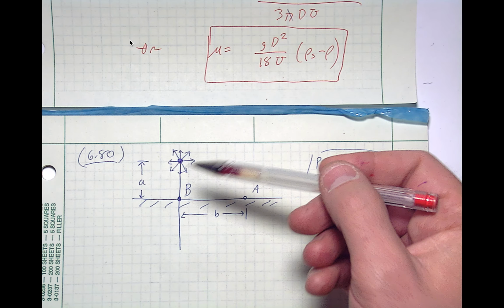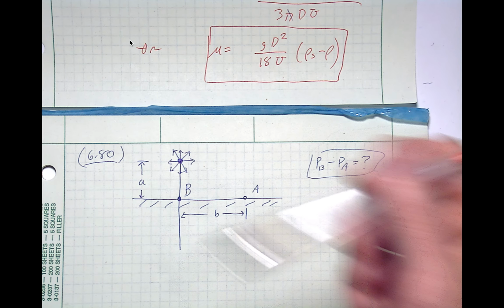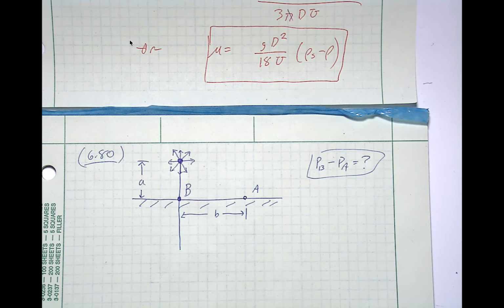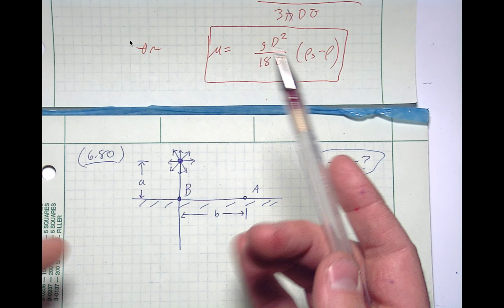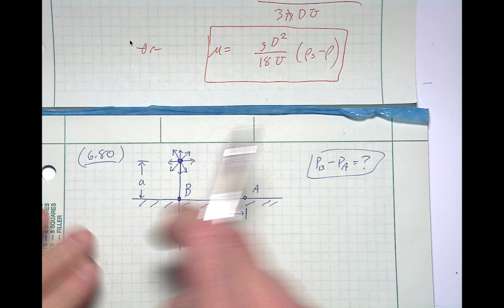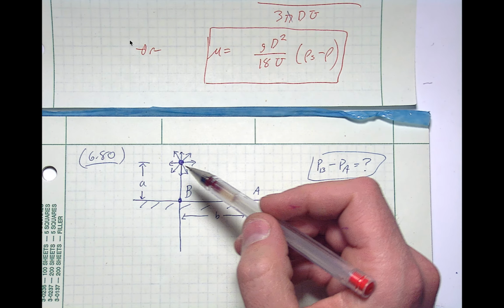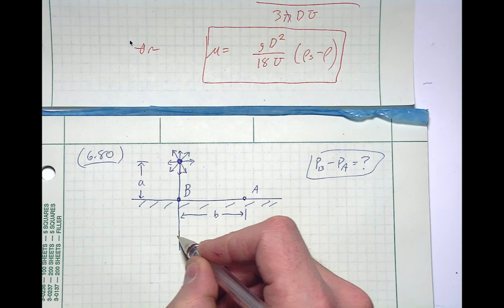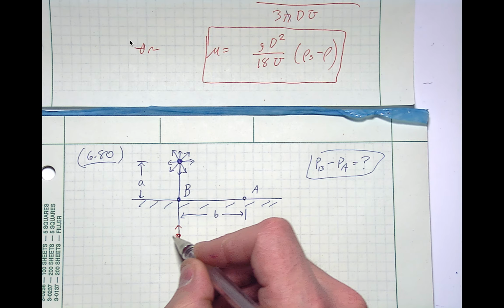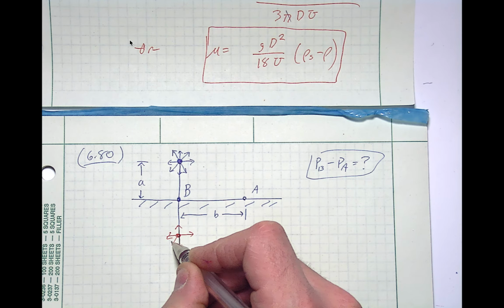But how do you take a source? We know what the potential flow solutions are for a source, but we don't have one for a wall. What we do here is, this is truly a wall, and that's what we're trying to represent physically. But instead, we put in a mirror image on this side.